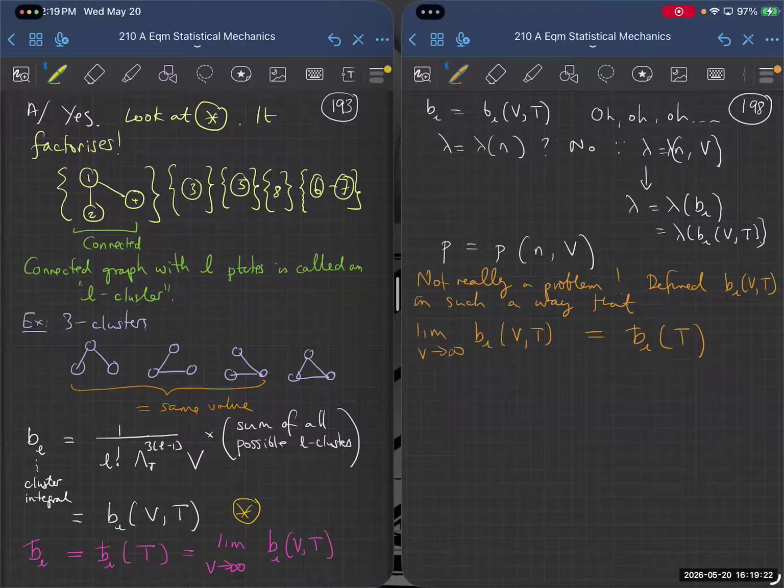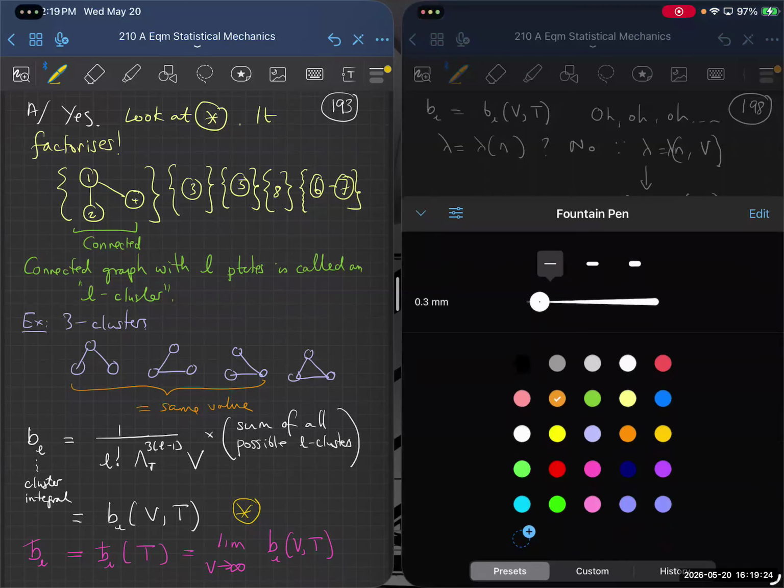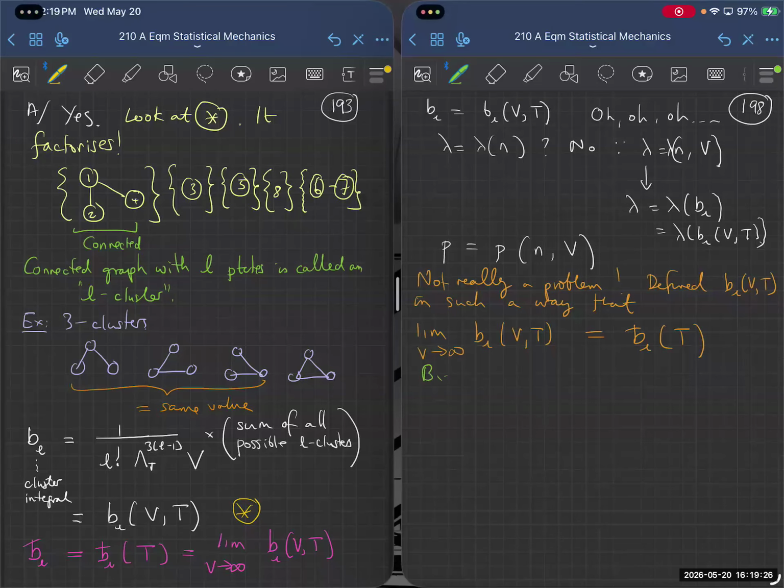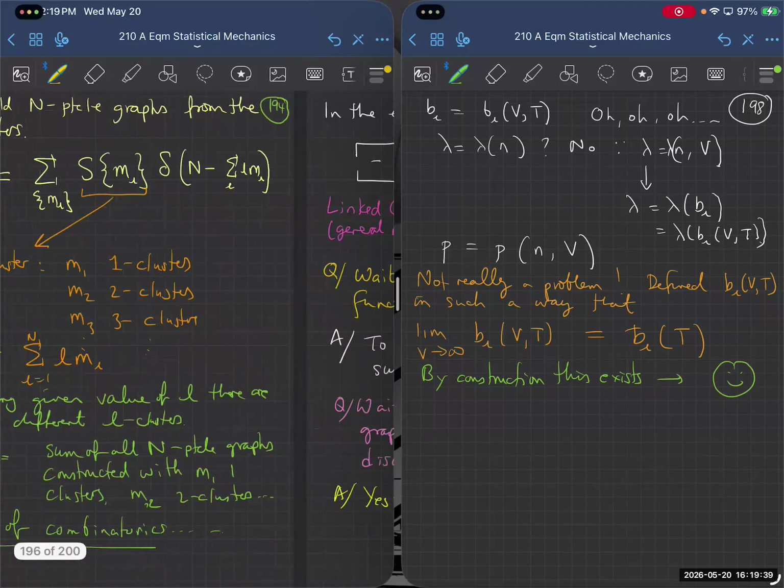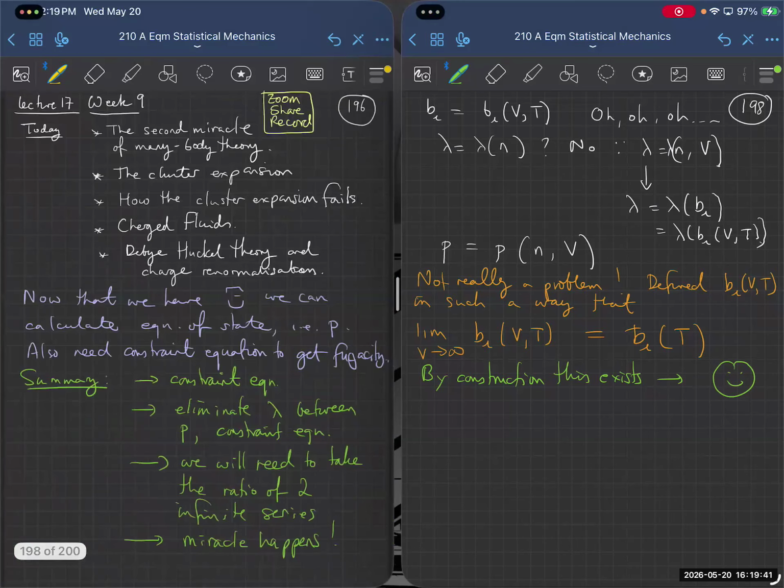So by definition, by construction, this exists. And so we are very, very happy because now we can go ahead and do the elimination.